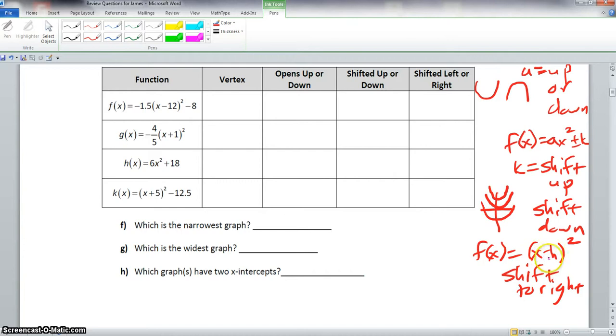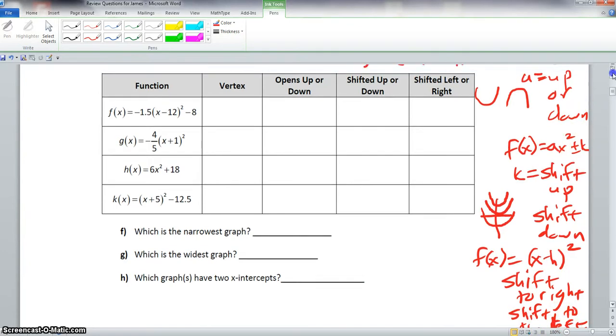But if this ends up becoming plus h, it'll shift to the left. Now let's go through that again. If the equation is written like this where h is subtracted, then it'll shift to the right. If it's written with addition of h, like x plus h, then it'll shift to the left.